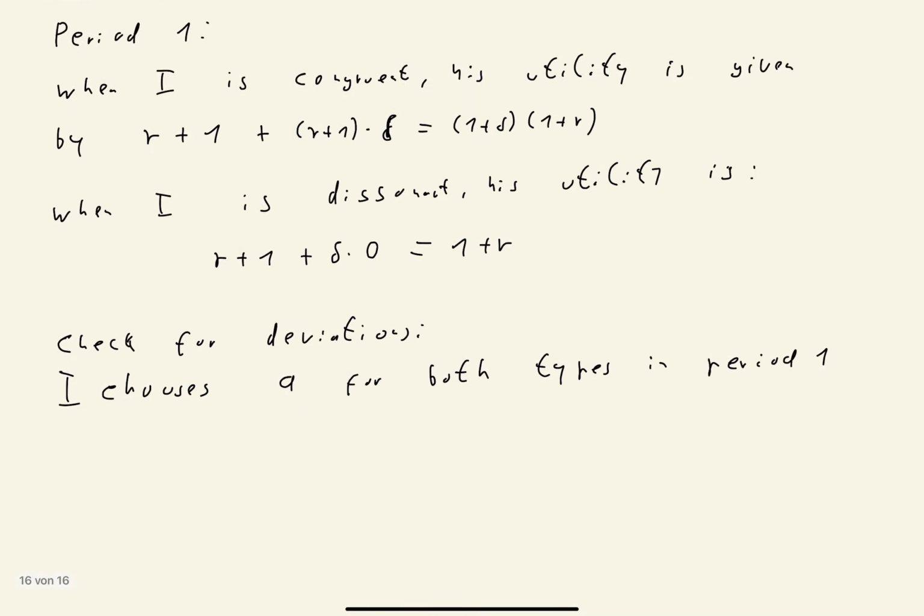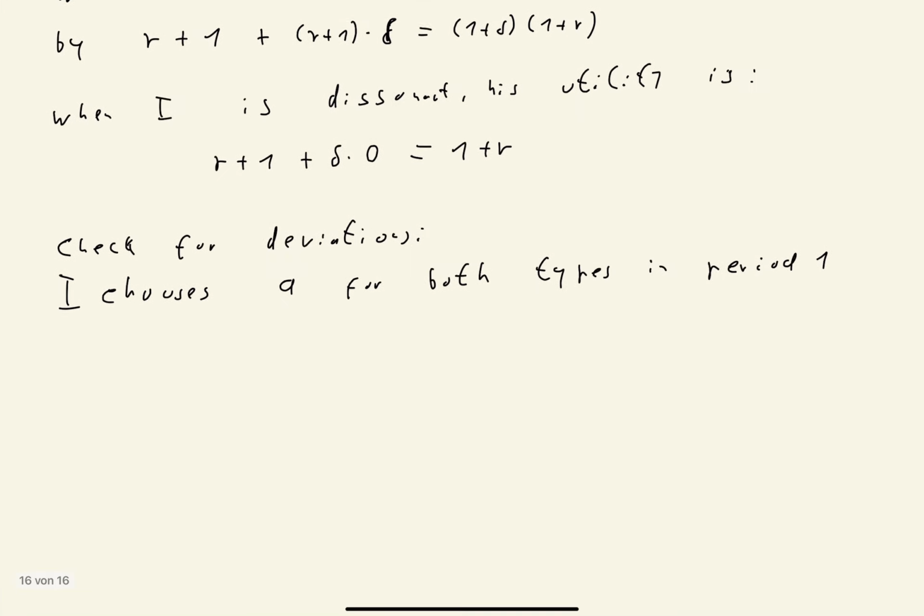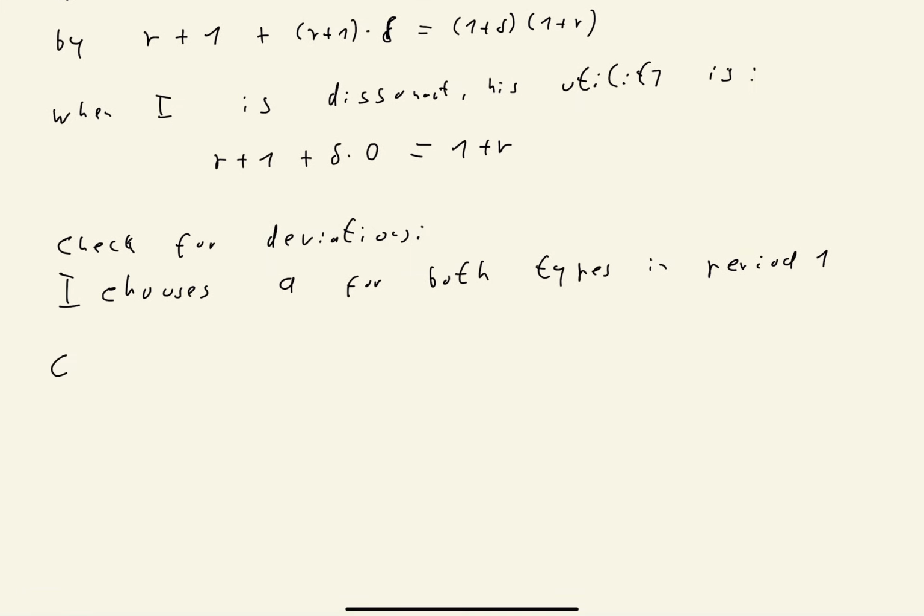Now we need to consider the cases when he's congruent and when he's dissonant. So if he's congruent, then his utility is still 1 plus delta times 1 plus R.